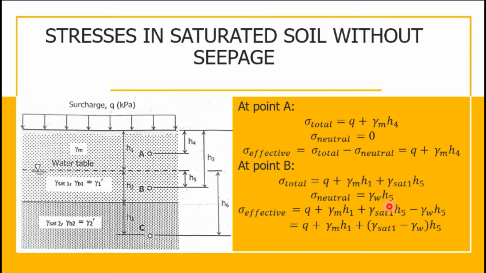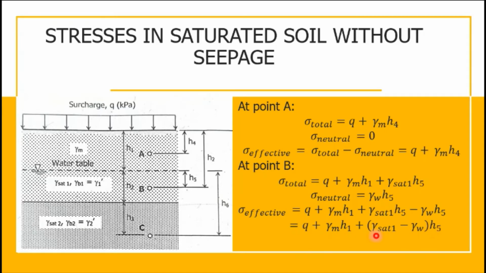If you look at the last two terms, H sub 5 is common. So this will be equal to Q plus moist unit weight H sub 1 plus quantity saturated unit weight sub 1 minus unit weight of water multiplied by H sub 5.